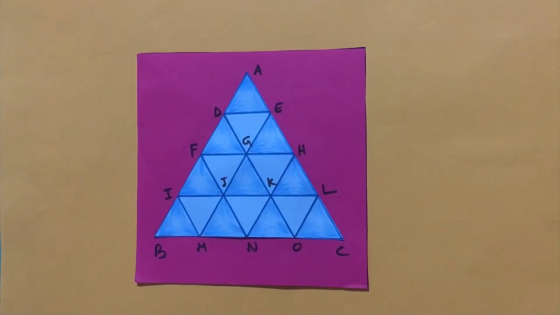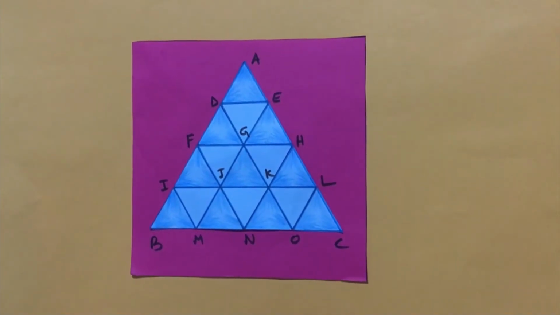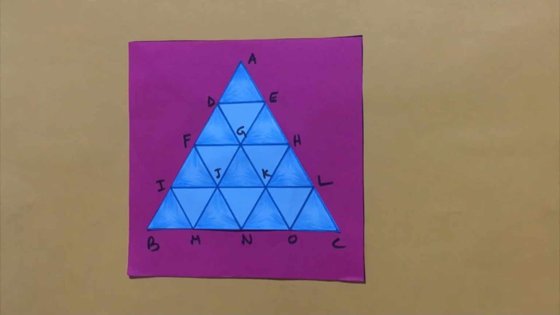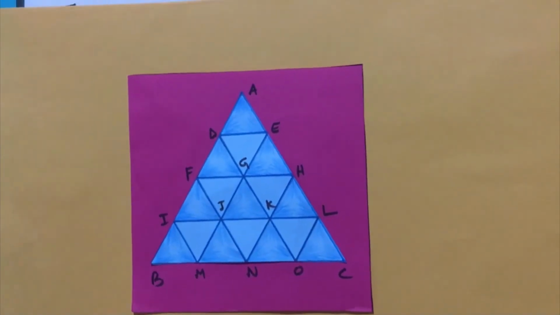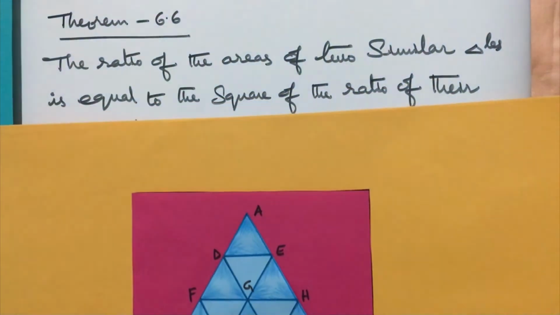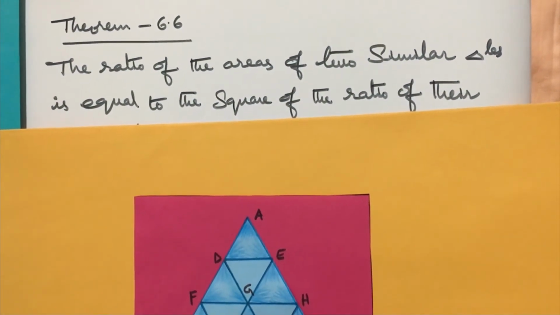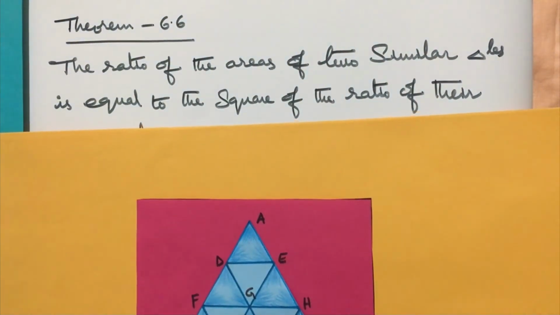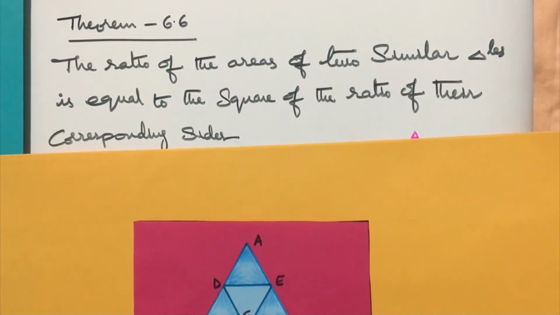From this activity, we came to know that if any two triangles are similar, the ratio of their areas is equal to the ratio of the squares of their corresponding sides. The ratio of the areas of two similar triangles is equal to the square of the ratio of their corresponding sides. We are going to show it theoretically.